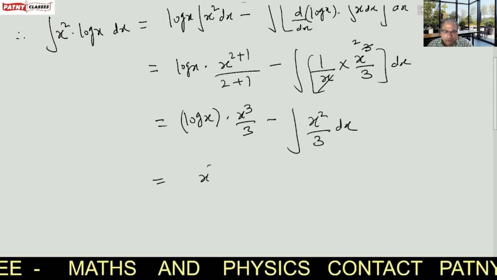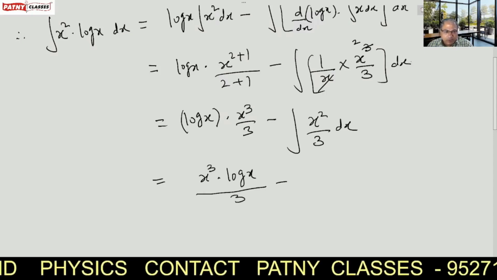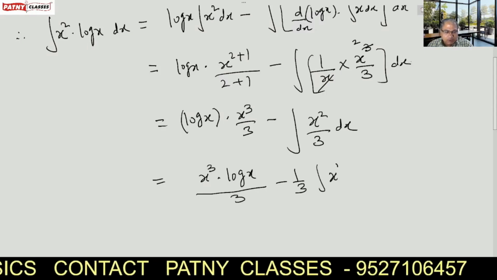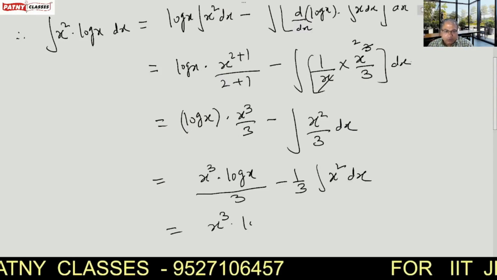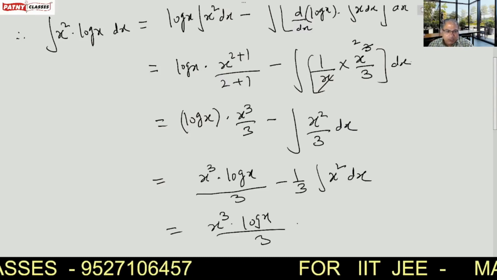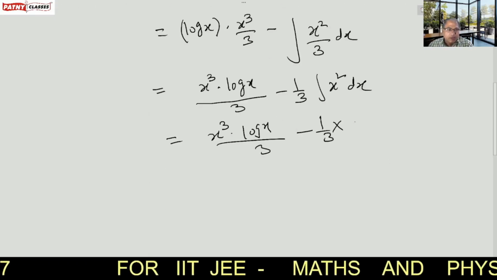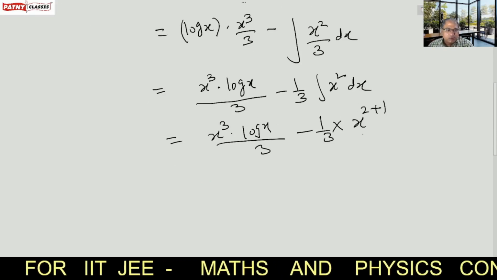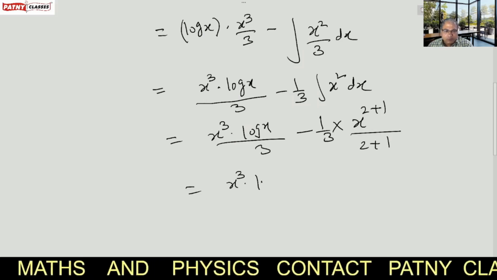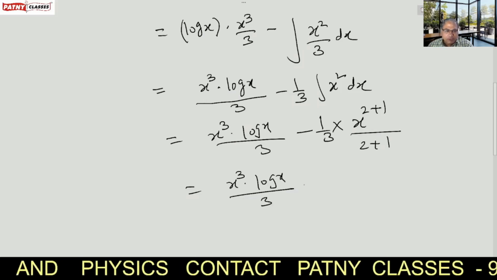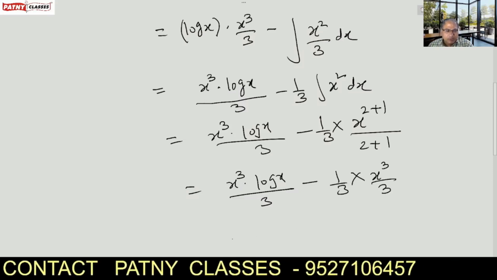That is x cube log x upon 3 minus 1 by 3 integration of x square with respect to x. The integration of x square is x raised to 2 plus 1 upon 2 plus 1, so we get x cube log x upon 3 minus 1 by 3 into x cube upon 3.